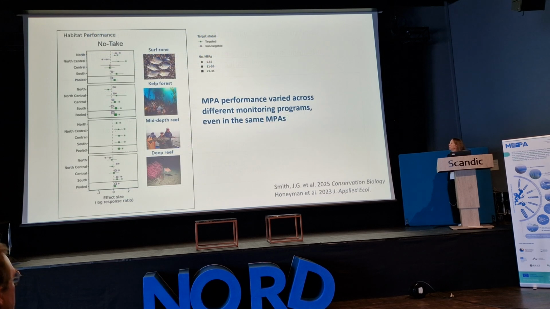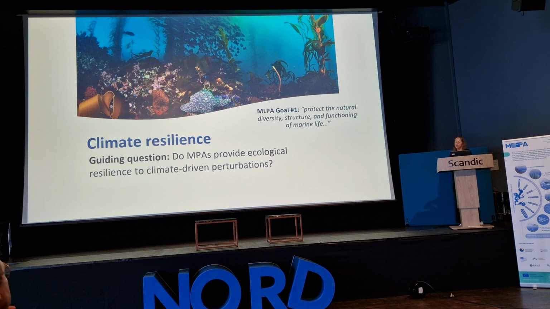Because I have very little time, I won't go into detail, but when we did this across the different monitoring programs, we did find variation in the MPA responses, even in the same MPAs for the different habitats. This kind of thing, not that interesting scientifically necessarily, definitely guided us in future design changes to our monitoring program.